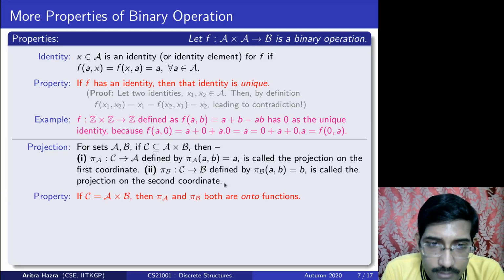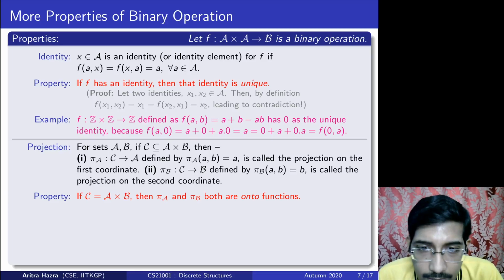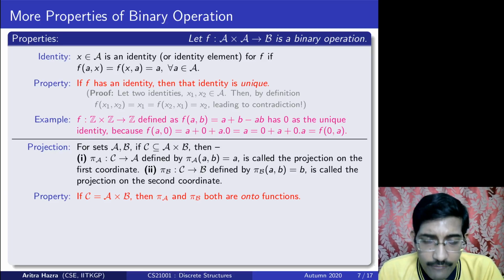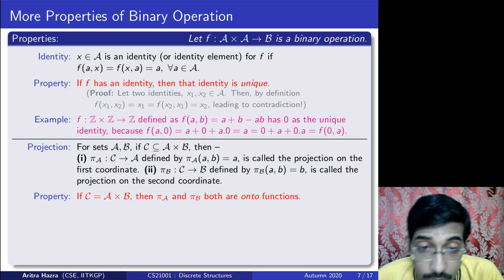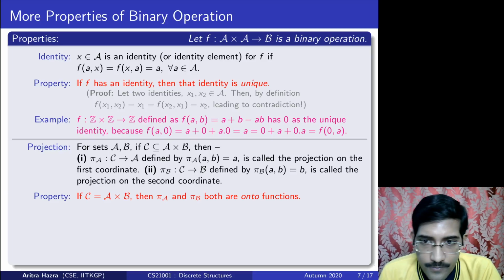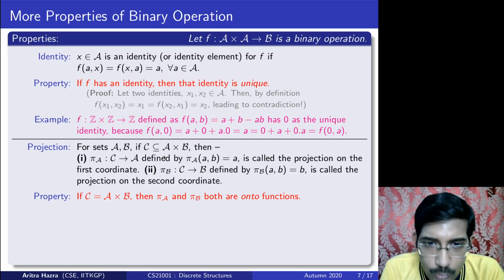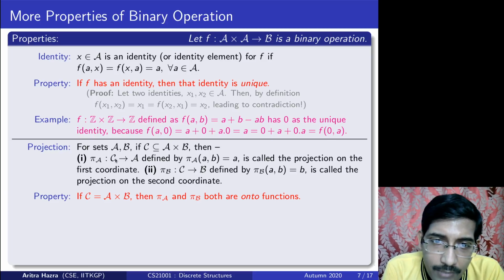Let us see a property first, then we will give an example and tell you where this projection is needed. The property is that if C is equal to A cross B, then both projections are onto functions. I think you can prove it very easily. To have it onto, you have to prove that for every a, I have some element from which I can map.